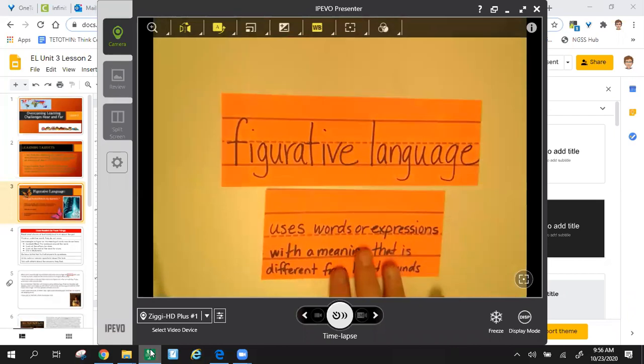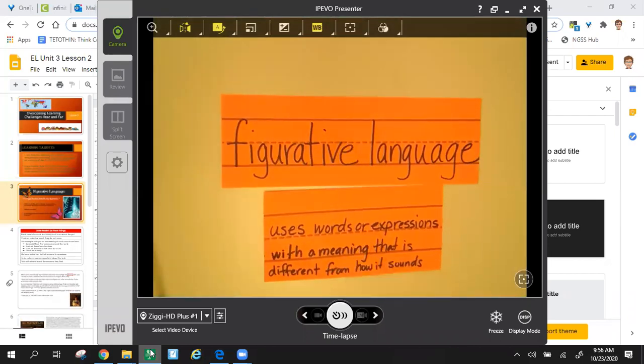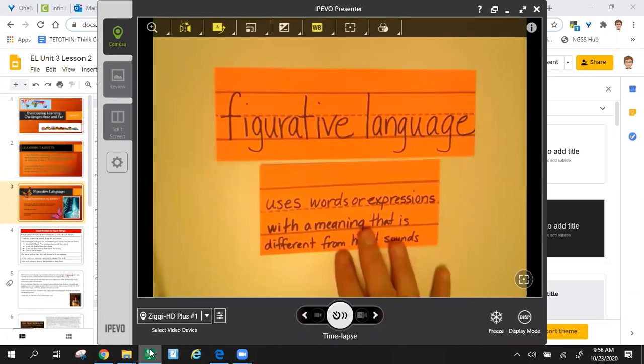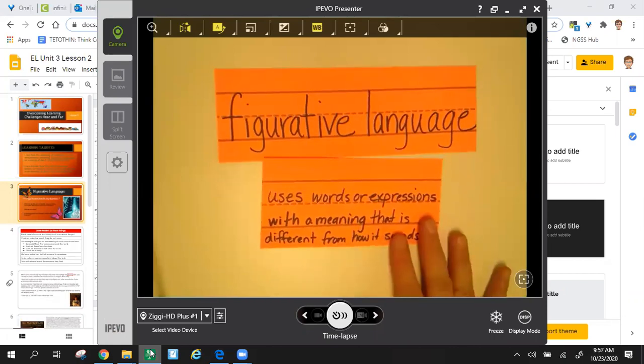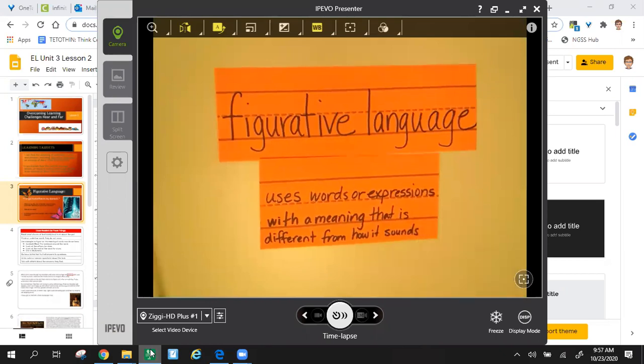Figurative language. When an author, and you can even use figurative language, you are authors, uses words or expressions with a meaning that is different from how it sounds. So even though it sounds like we actually have butterflies, that's not really what it means. It means that you're nervous, right, about something. You're worried or nervous.